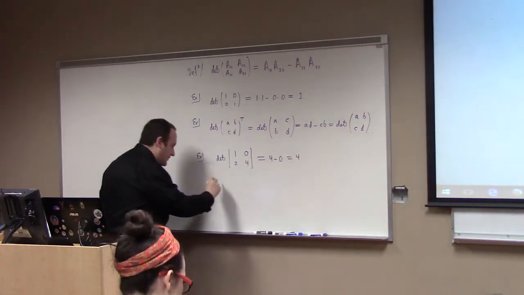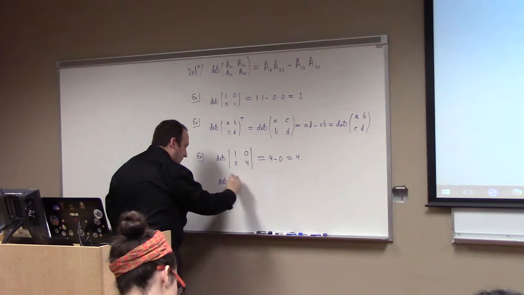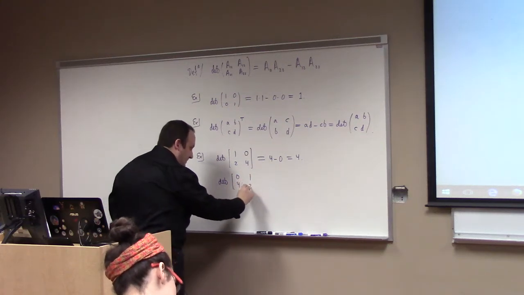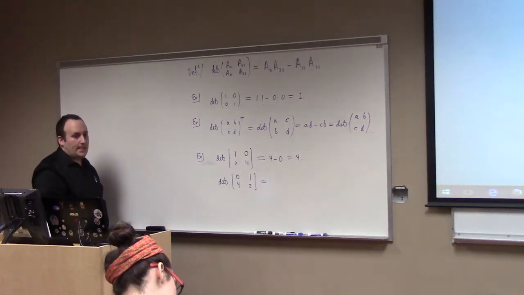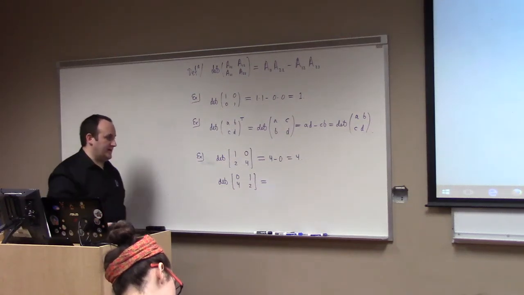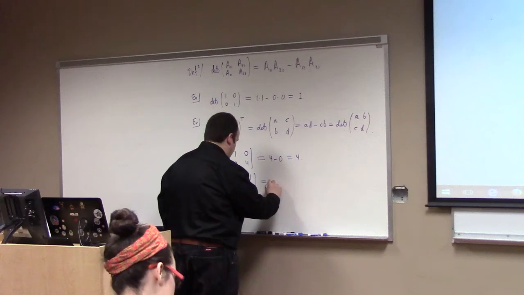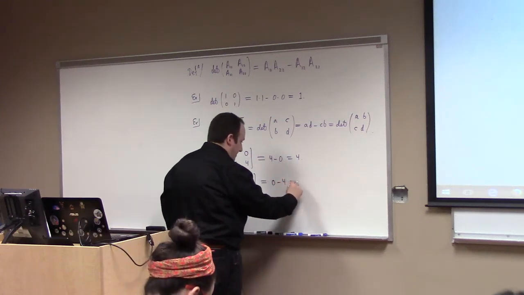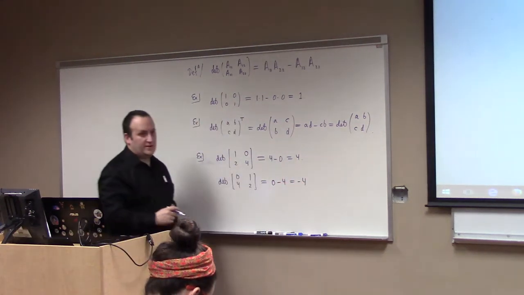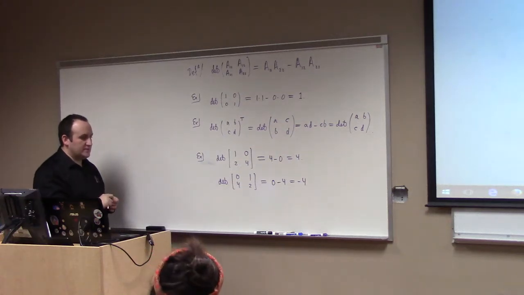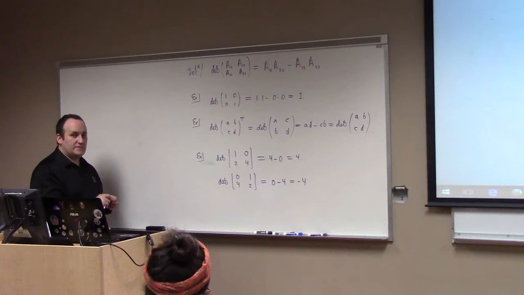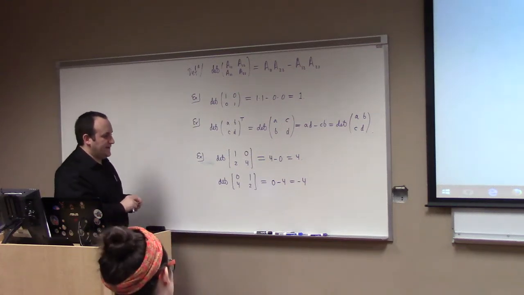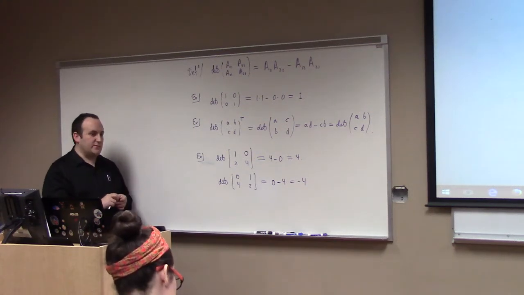What happens if we calculate the determinant of 0, 4, 1, 2? Yeah, we get 0 minus 4, right? So apparently switching the columns gives us minus the same result. What's the significance of the sign here? What's the difference between the plus and the minus?